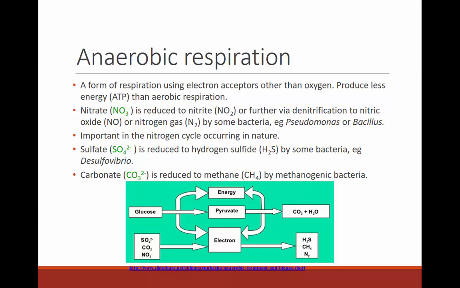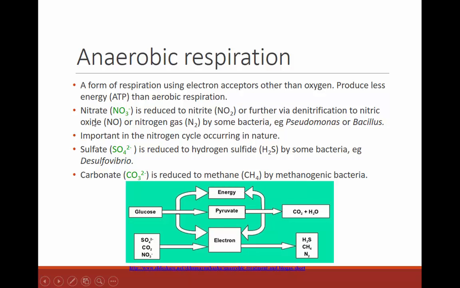If we start with anaerobic respiration, this is the one that uses electron acceptors other than oxygen, because oxygen, excuse me, is not in the mix, okay? And they actually produce less ATP or less energy than the aerobic variety.